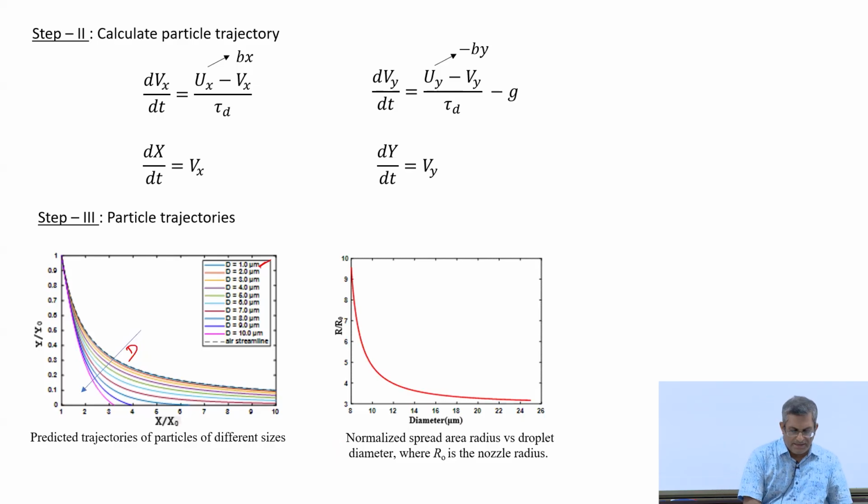And here interestingly, it is found that a particle diameter of around 8 micron is the critical limit. So, particle size beyond 8 micron would ensure that it is deposited. What is shown here is that once the particle is deposited, what is the area it will create, and how that area would change with particle size.